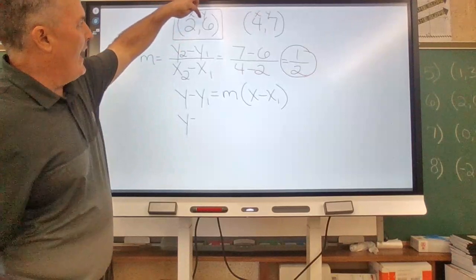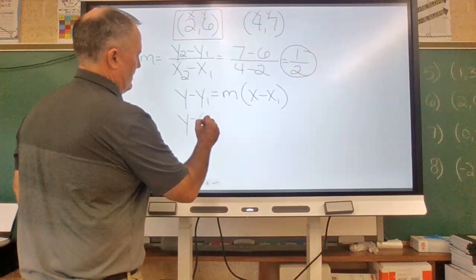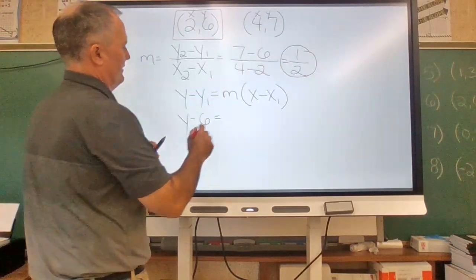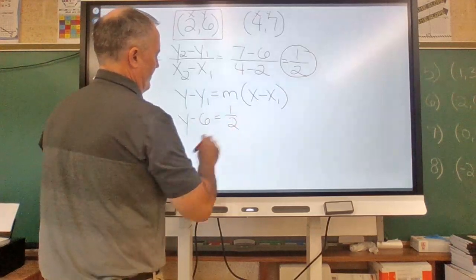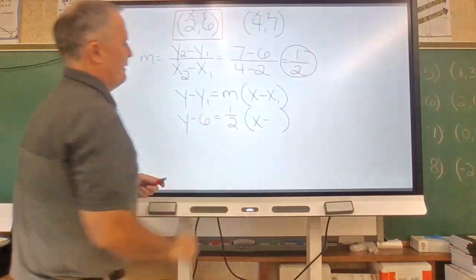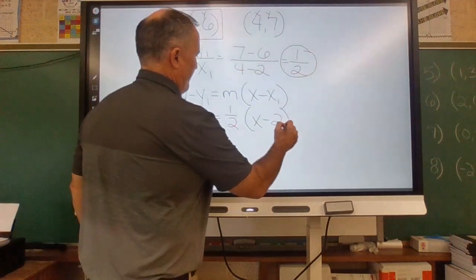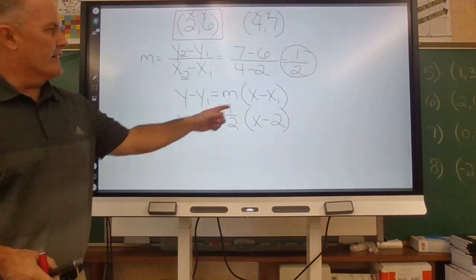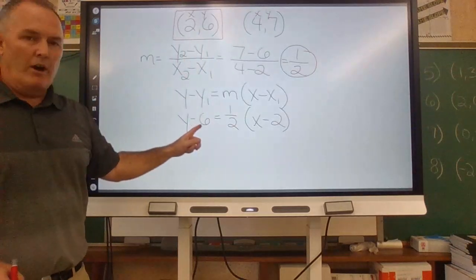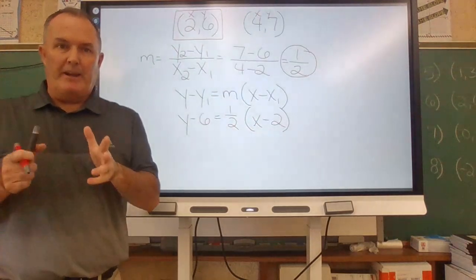All right, my y1 in this case, since I'm using this point, is going to be 6. Equals, my slope is 1/2, my x value is 2. So all I've done here is plug in my slope for m, my y value for y1, and my x value for x1. Make sure you're plugging them in the right location.